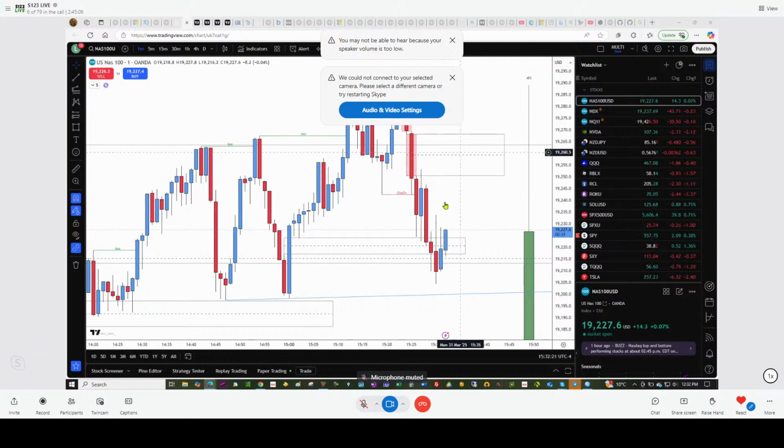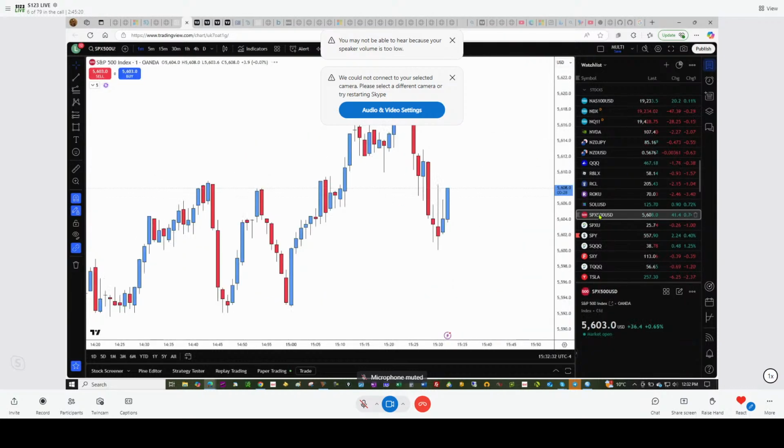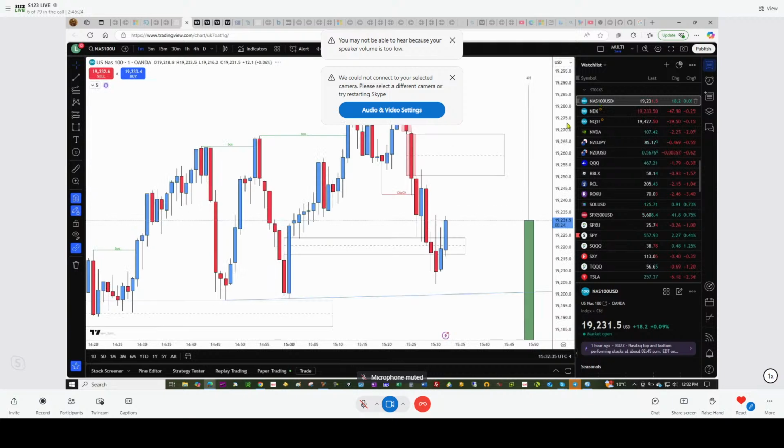All right, we're getting a bounce here now. So let's see if that pushes us up into this area here. That'll be the same on S&P. That should give us a bounce on Bitcoin.